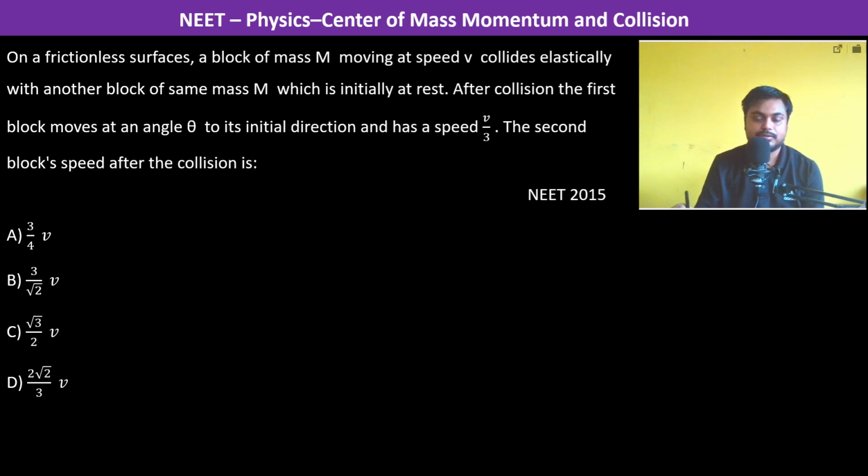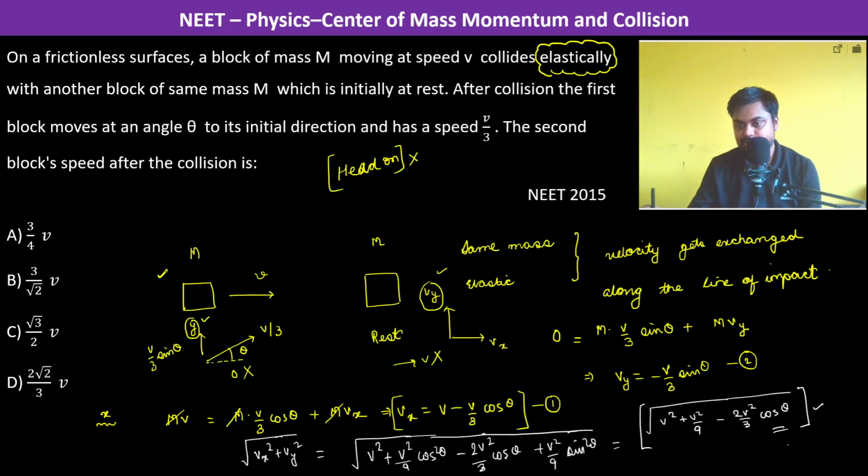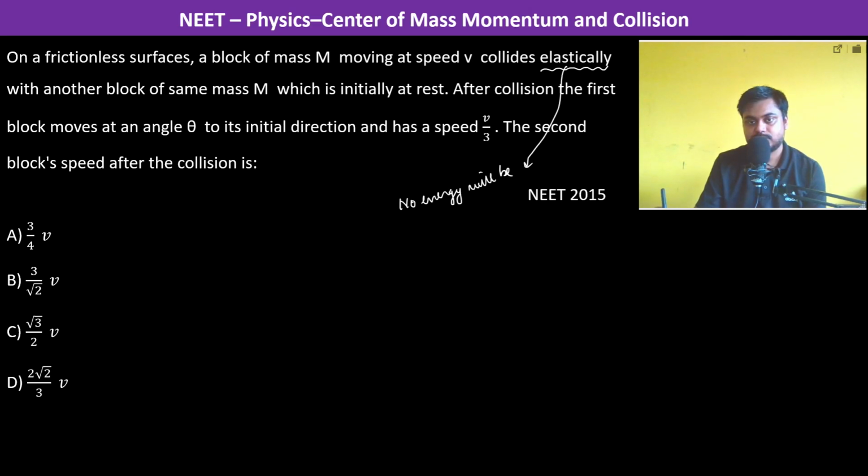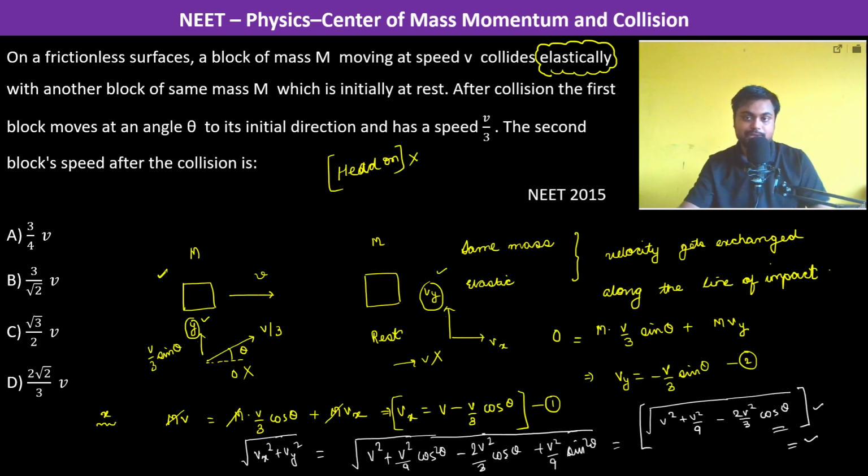Now this is becoming complex, and we have to find cos theta. Because it's elastic, no energy will be lost, so by conservation of momentum also we'll get the answer.